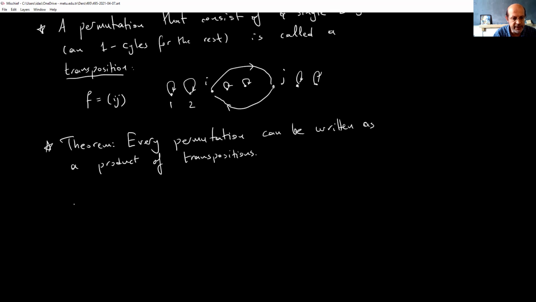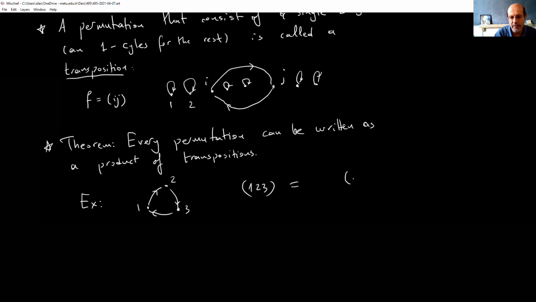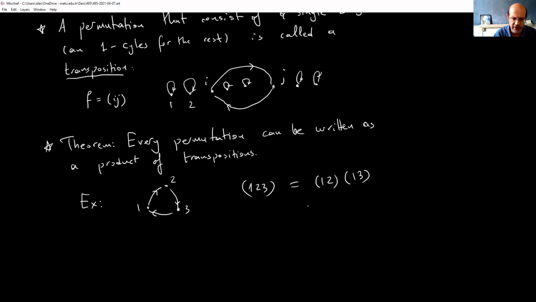I mean, this is an example, perhaps. Think about this permutation that sends 1 into 2, 2 into 3, and 3 into 1. So that's 1, 2, 3. I think perhaps I can do this like 1, 3, 1, 2 permutation.